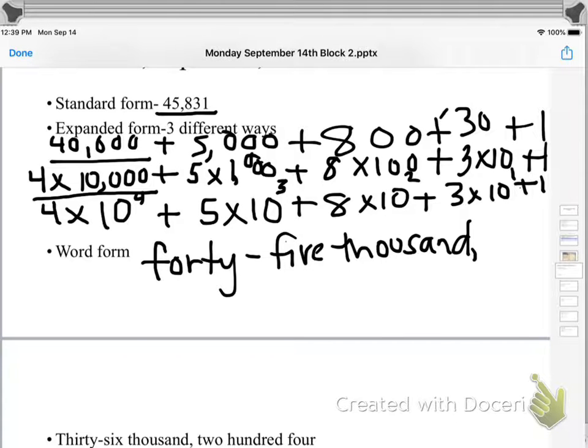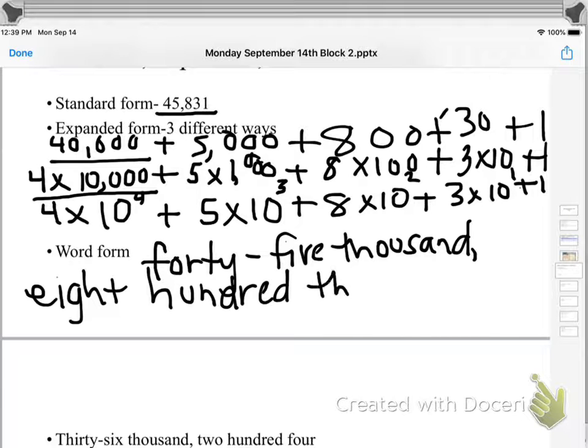And then we have 831. And that is how you would put it in word form. It's just like saying it out loud and writing it in words instead of numbers.